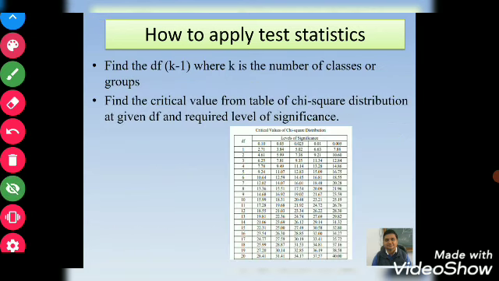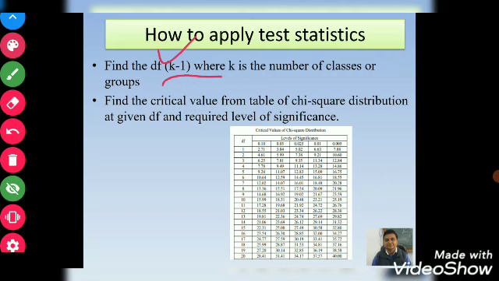After calculating the chi-square value, you have to compare it with the critical value or table value, so you have to see the chi-square table. At what degree of freedom will we see the table? The degree of freedom will be k minus 1, where k is the number of classes. In the case of male and female, you have only 2 classes, so the degree of freedom will be 1.